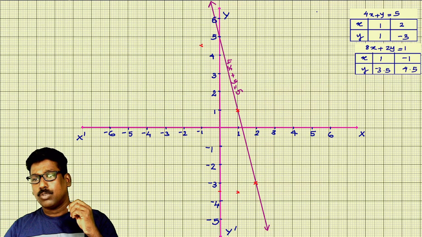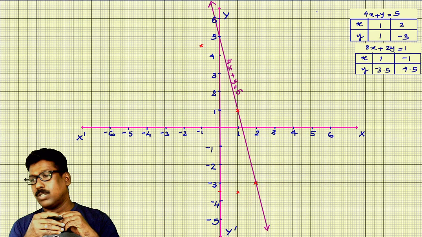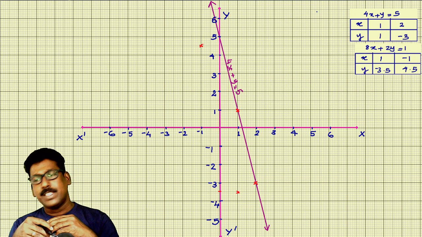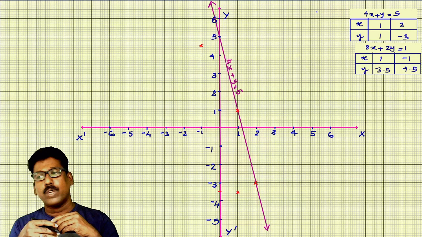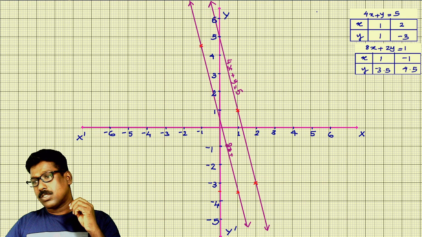This point will be 4.5. Here is the point, x is equal to negative 1, y is equal to 4.5. Now join these 2 points, we will get the graph of 8x plus 2y is equal to 1. This is the graph of 8x plus 2y is equal to 1.